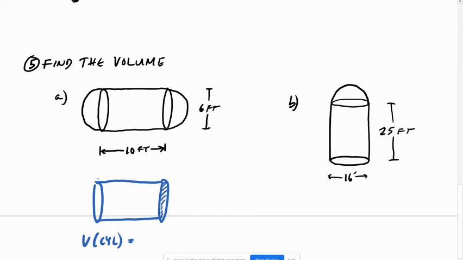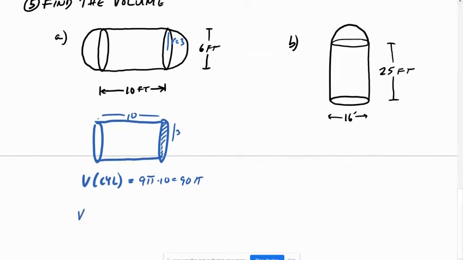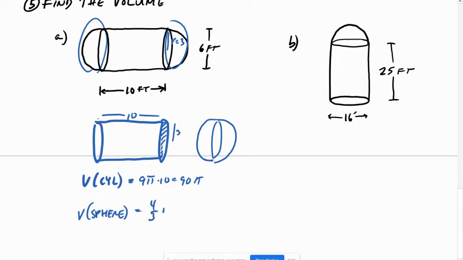Since the radius is 3, the base area is 9 pi. The height is 10, so we get 90 pi. If we take the two hemispherical ends and put them together, we get an entire sphere. So the volume of the sphere is 4/3 pi times radius cubed, and that is 36 pi.